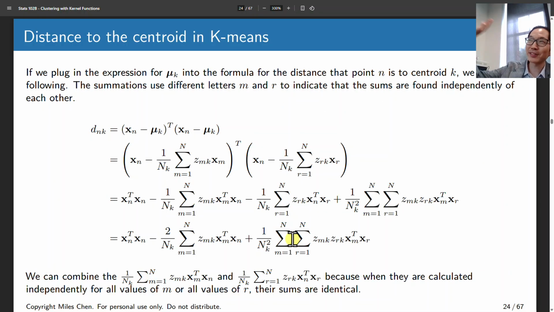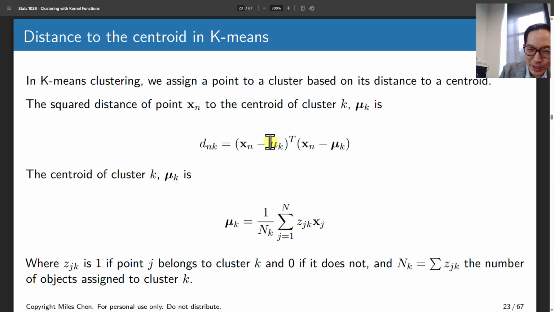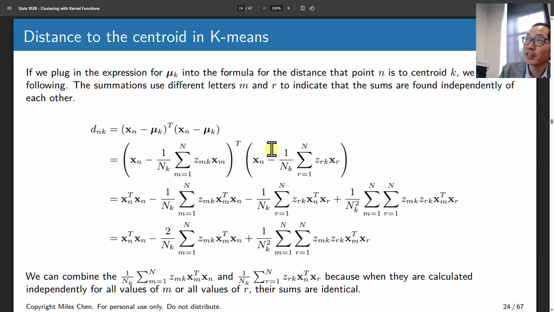And so this whole slide is just crazy. Don't worry about it, okay? But basically, I'm going to replace this mu sub k here with a sum, basically the mean of the points assigned to that cluster, okay? So we're going to say, all right, what is the distance from here to here?